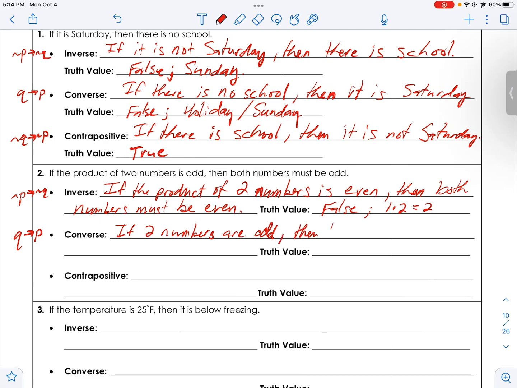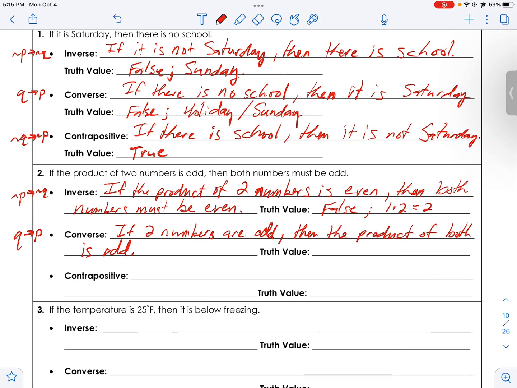If the two numbers are odd, then the product of both is odd. Let's see. If two numbers are odd, then the product of both numbers is odd.